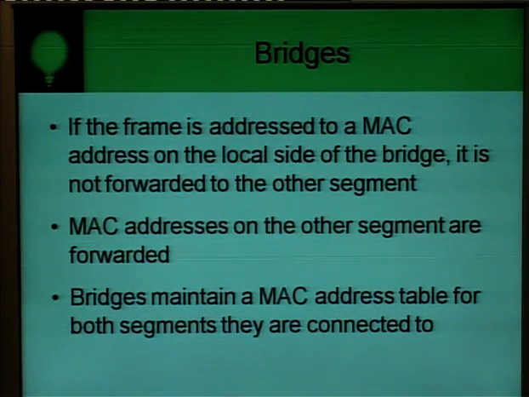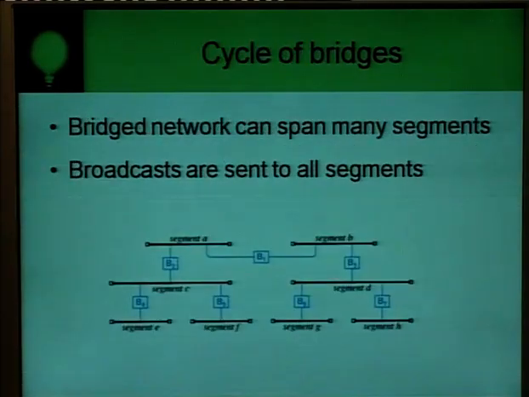Bridge maintains a MAC address table for both segments they are connected to. Here you see the cycle of bridge. Bridge network can span many segments, and broadcast can be sent to all the segments.